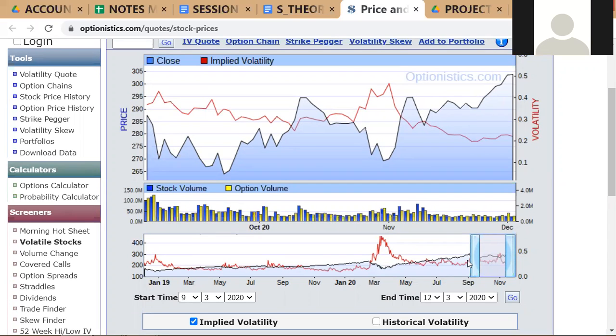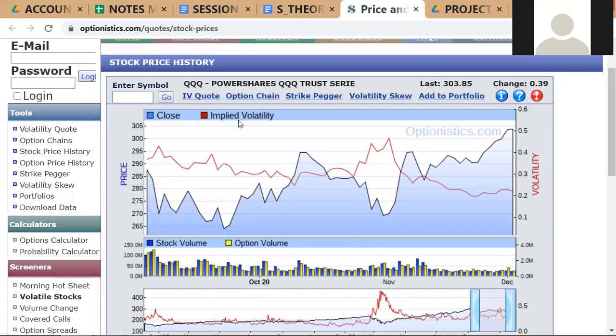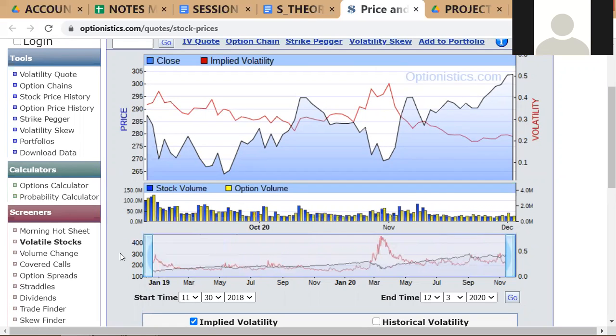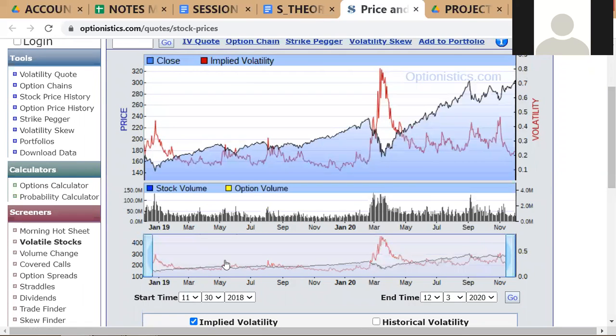What I'm saying is, let's say you look at any of these tickers, let's look at the QQQ. You look at the chart, you see the short-term data, you can see the detail here, and you can see the long-term data.